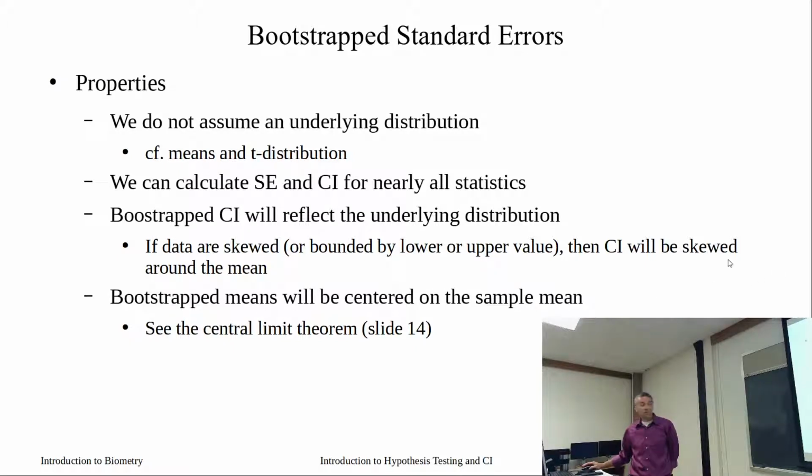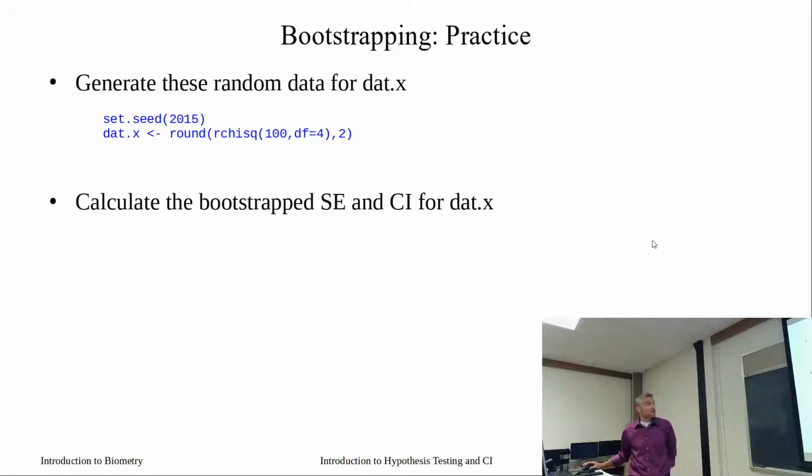All right? So what we're going to do is do this as practice. We're going to set our seed to 2015. We're going to generate a random data vector, call it dat.x, and we're going to round it to the hundredths place.